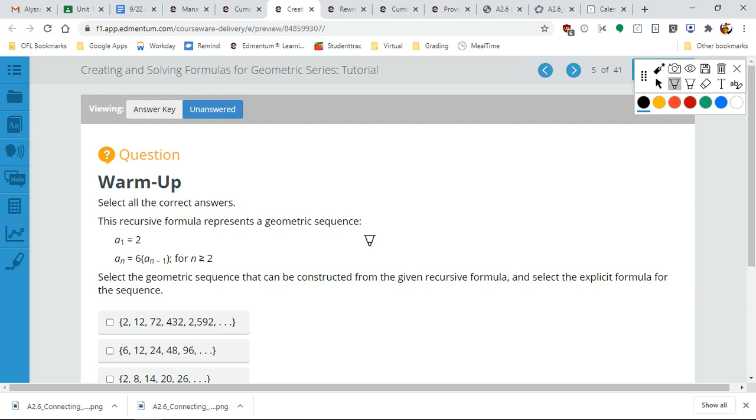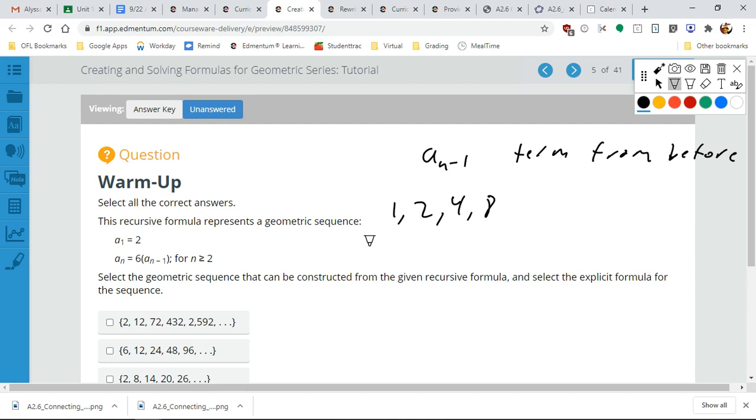So what this rule is saying is we're going to take n minus 1. That means the term from before. So for example, if I have this series right here, I'll do the geometric series.